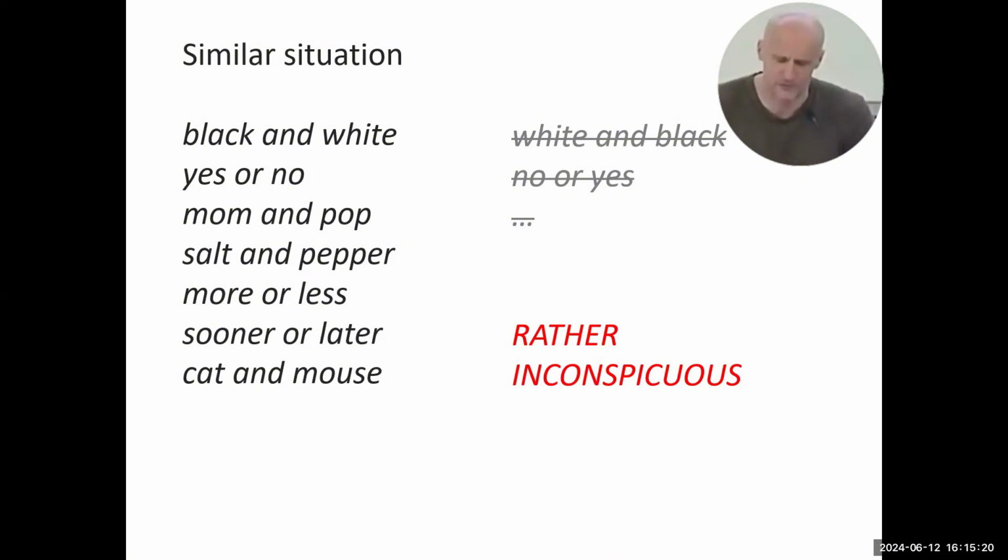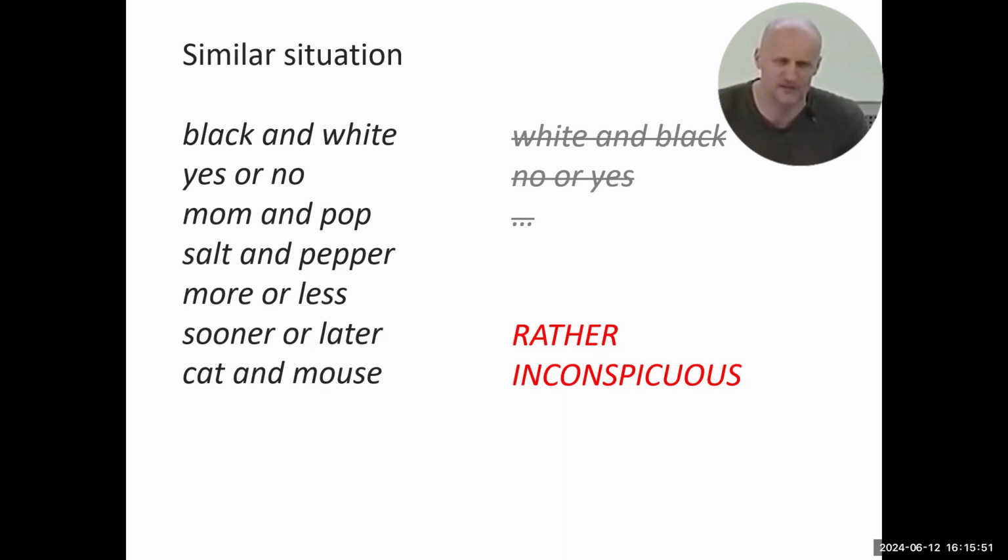So irreversible binomials are expressions such as the ones that are listed here: black and white, yes or no, mom and pop, salt and pepper. What's interesting about these binomials is that they're irreversible, meaning one ordering is a lot more frequent than the other. So it's more natural and more frequent than white and black.